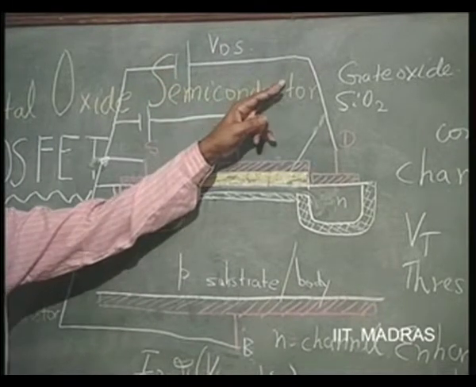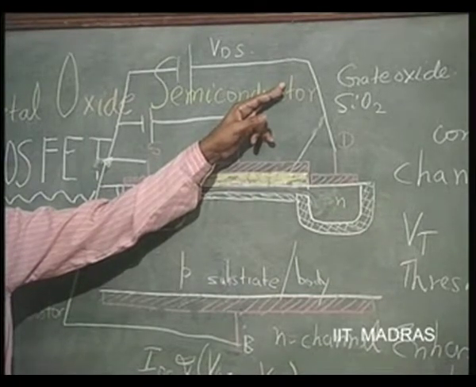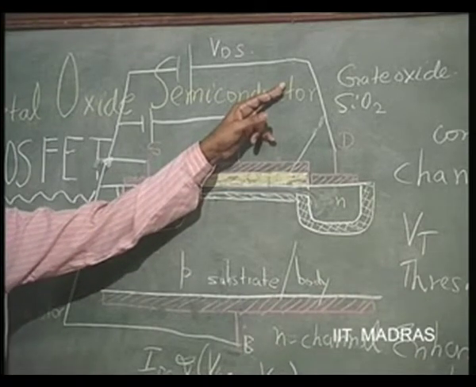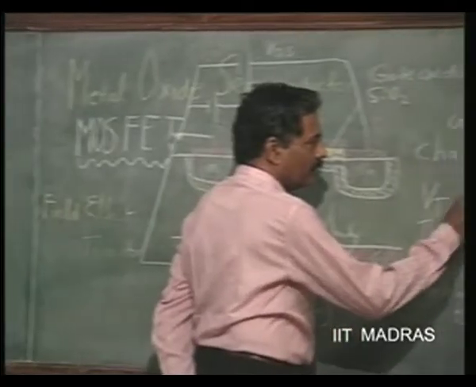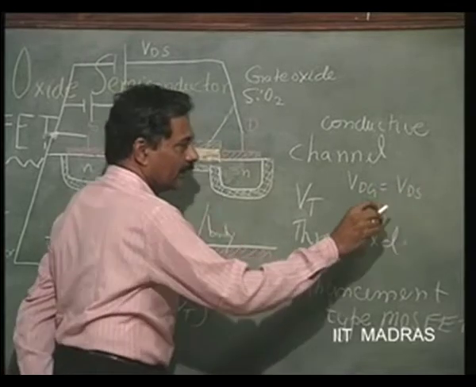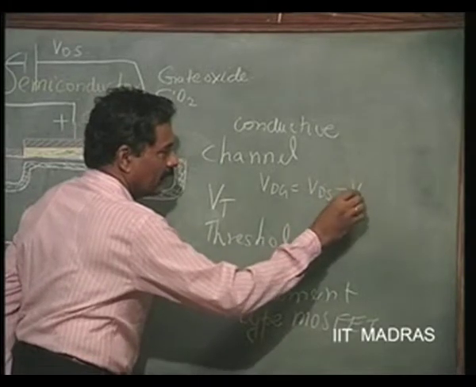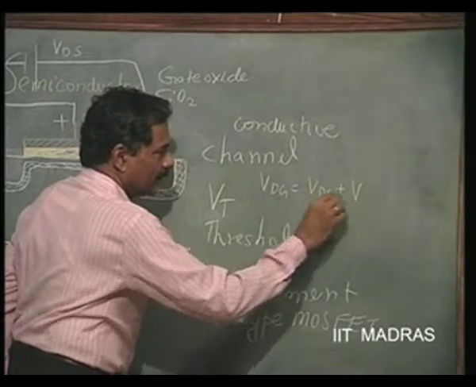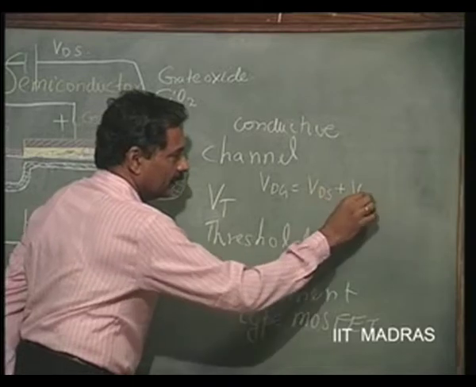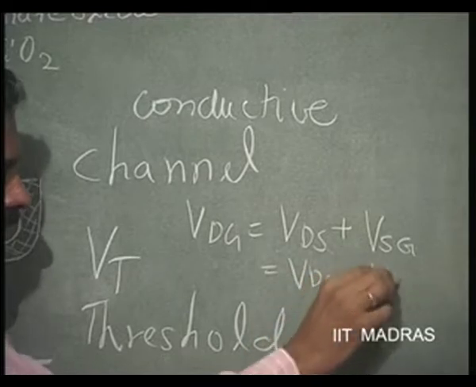So, if VDS keeps on increasing, at a point equal to VGS minus VT, VDG is equal to VDS plus VSG, or this is equal to VDS minus VGS.